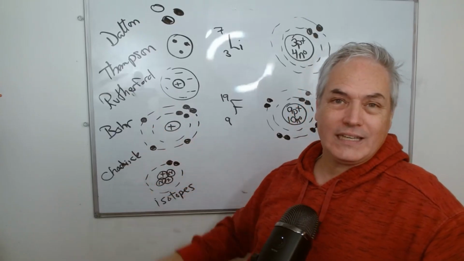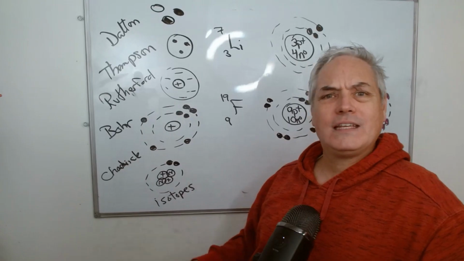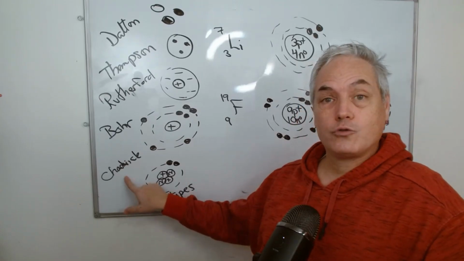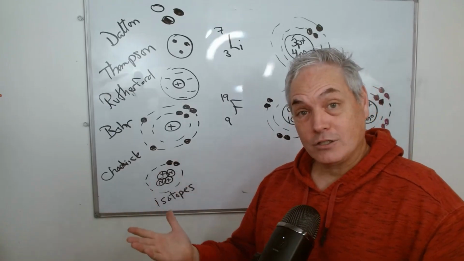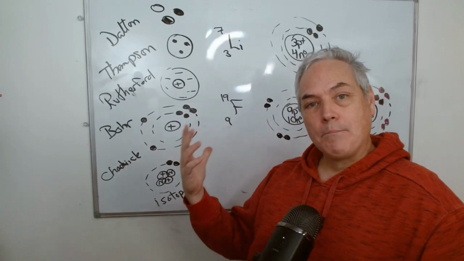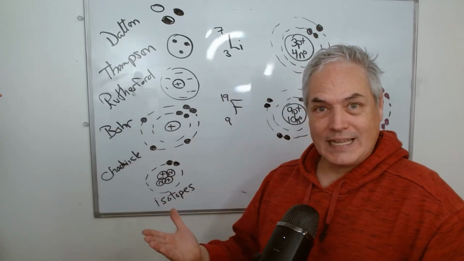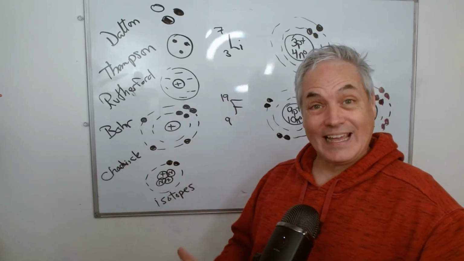Now we have Chadwick, in the 1940s or 1950s, whose research showed that some matter with the same number of protons, so the same identity, had different density.